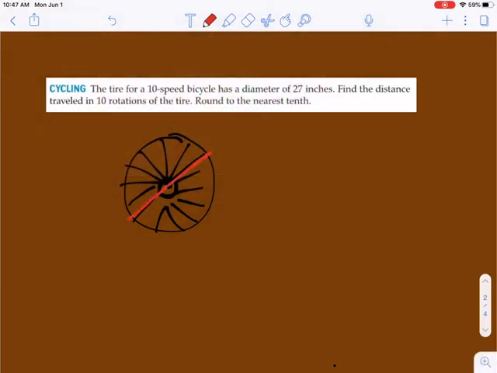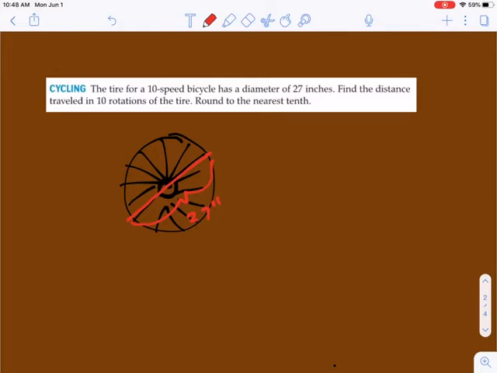Most real world measures of circles are diameters, because they're much easier to find, because a lot of things don't have a perfect center to them. So you would say this is 27 inches, and we're going to use that double hash mark to denote inches.